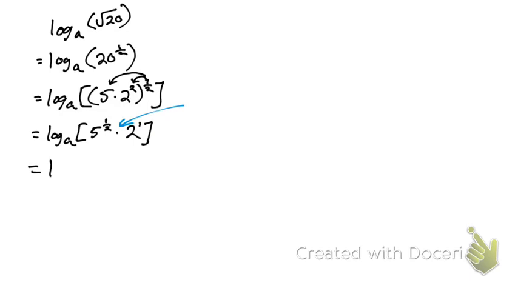So we're going to turn this into, don't hate me, but I'm going to do 2 steps in one. I'm going to bring that 1/2 out front of it. So I have 1/2 log base A of 5 plus 1/2 log base A of 2. And that's the long and short of it. Any questions on any of those steps?